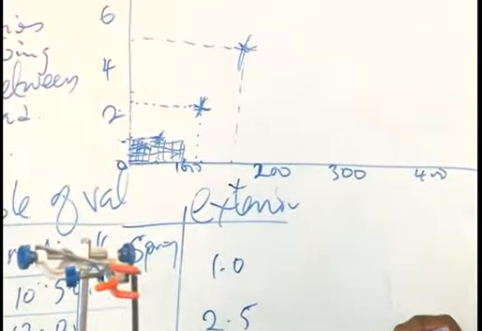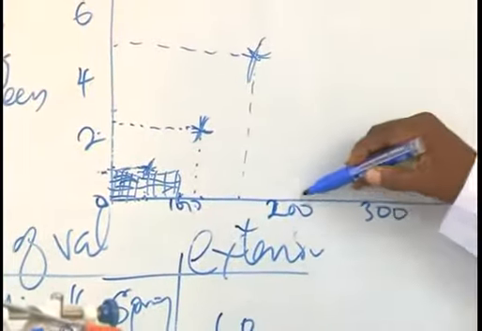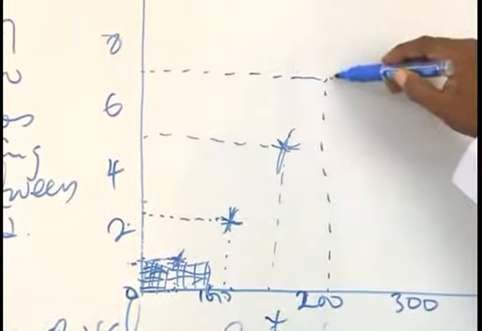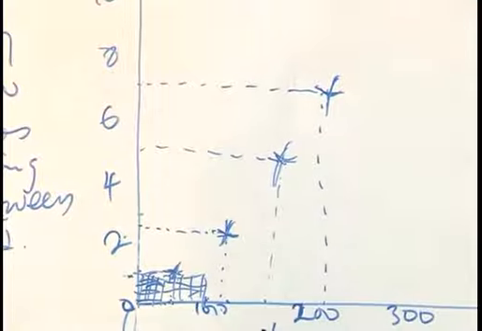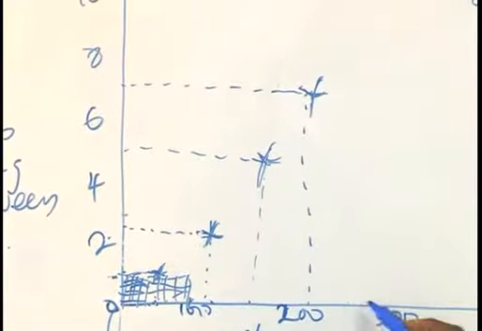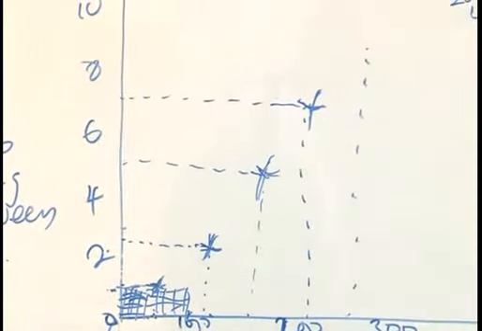The next one is what? 200. 200 will give us 7, which means we have 7 between 6 and 8. 250 will give us what? 250 is between 200 and 300. 10.